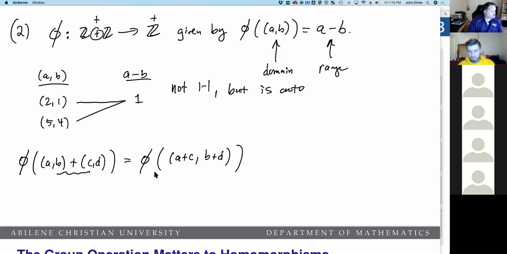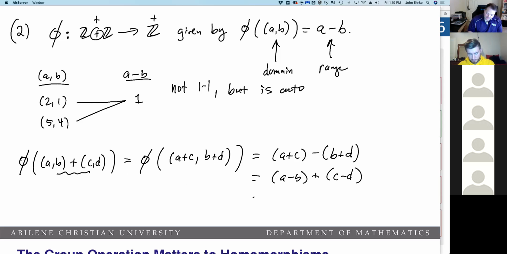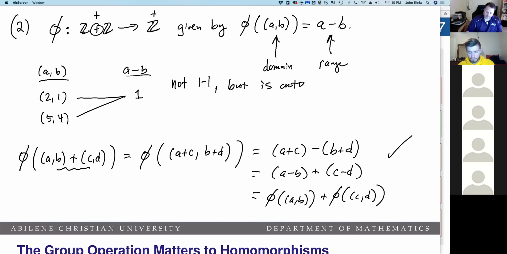So this is the same thing as A plus C, B plus D, which according to our definition would be A plus C minus B plus D, which is A minus B plus C minus D, which is phi of the component (A, B) plus phi of (C, D). So it is in fact a homomorphism. What's the kernel?